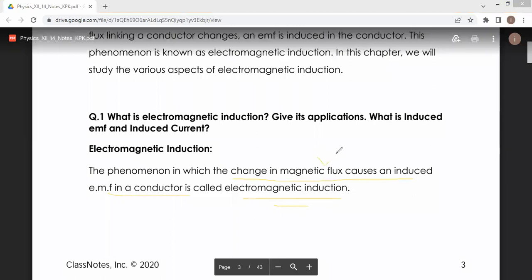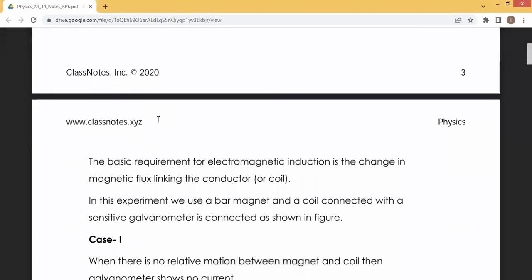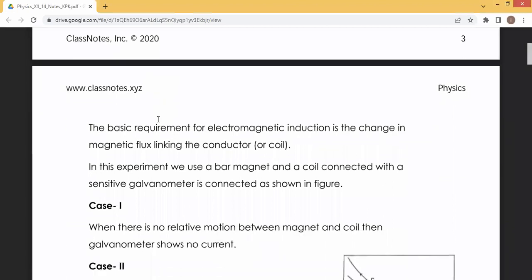Change of magnetic flux means the change of field lines with respect to my area, and this will induce an EMF. This process is known as electromagnetic induction. The basic requirement for electromagnetic induction is the change in magnetic flux that I described.